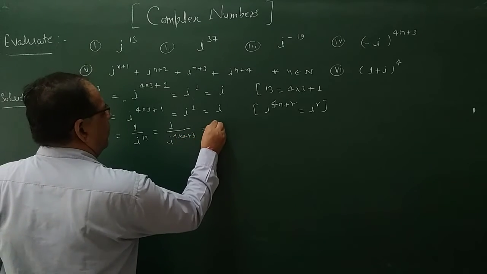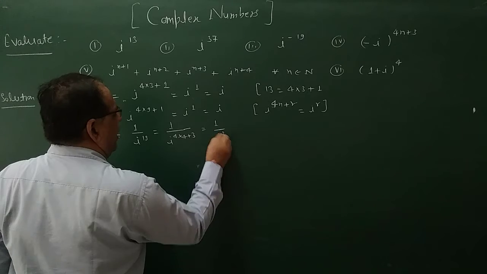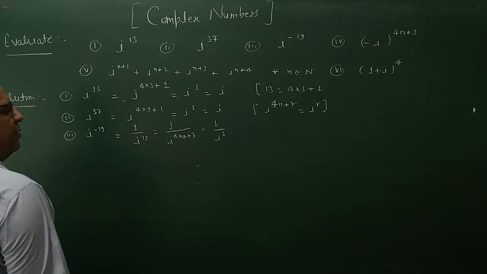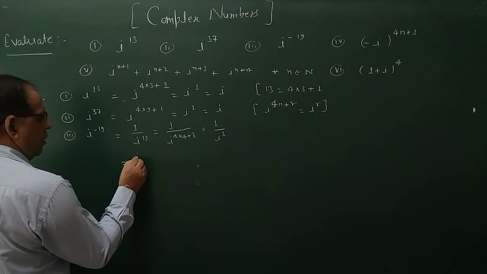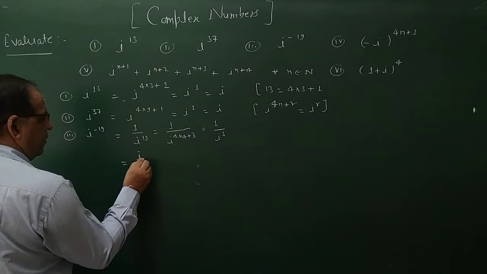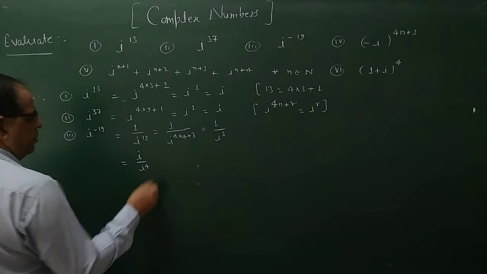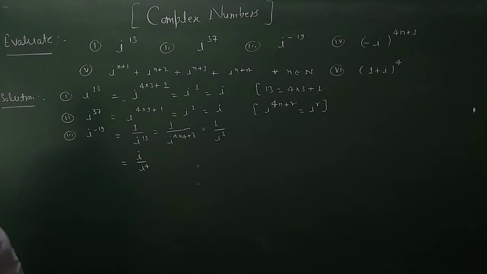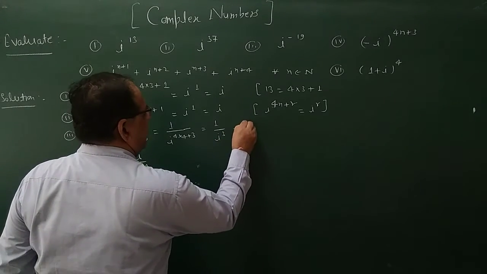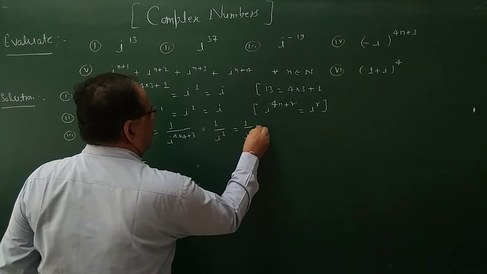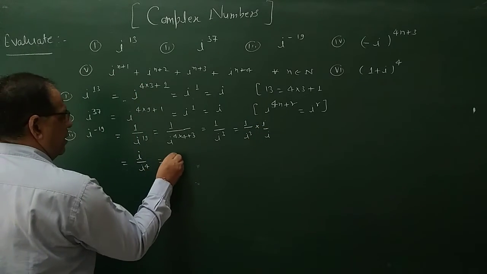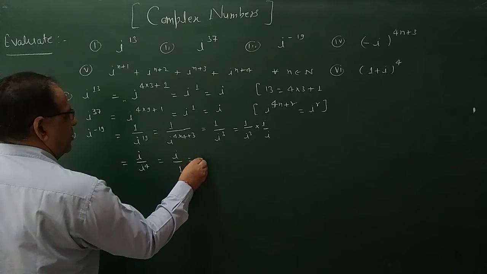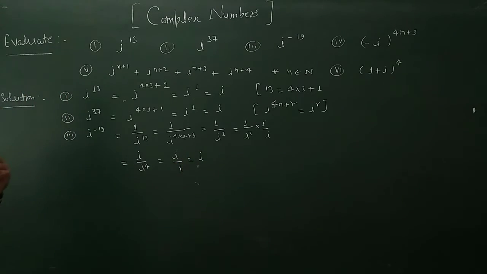This becomes 1 upon iota cube. Now multiply by iota in numerator and denominator: 1 upon iota cube into iota upon iota, so iota upon iota to the power 4, iota upon 1, so finally we have iota.